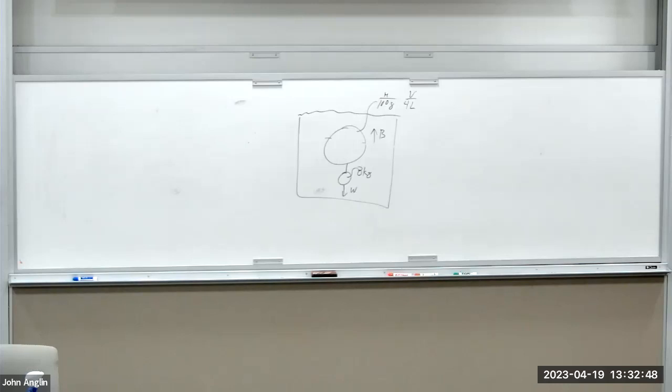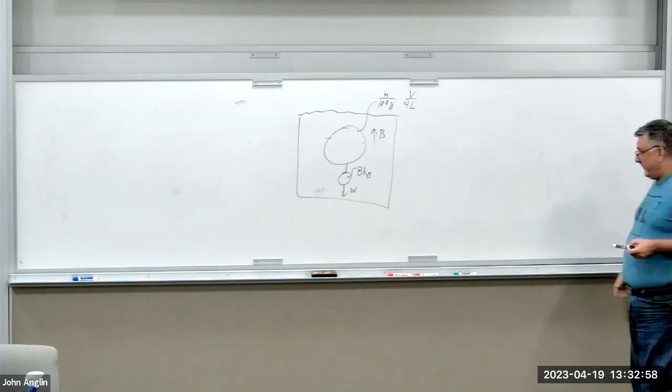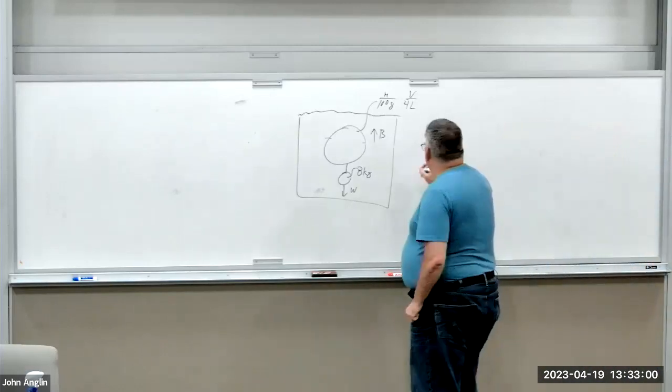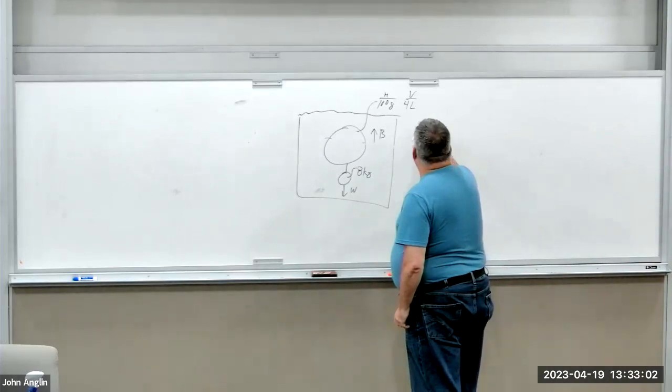We know there's an upward force of 4 kilograms times 10 meters per second squared. So where did we get that?